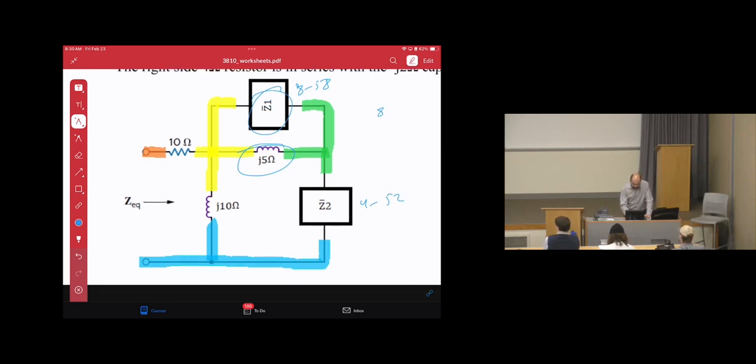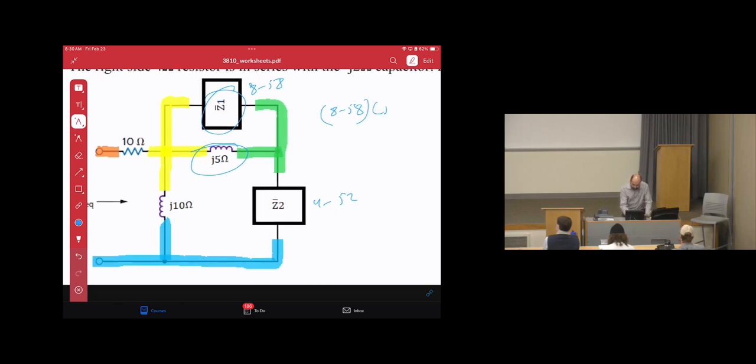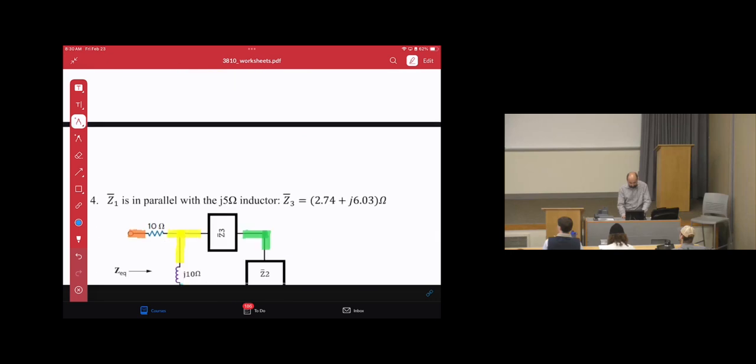So it will be 8 minus j8 times j5 over 8 minus j8 plus j5. Enter this expression as is in the calculator, then it will tell you the answer. So the answer, I think, will be 2.74 plus j6.03.